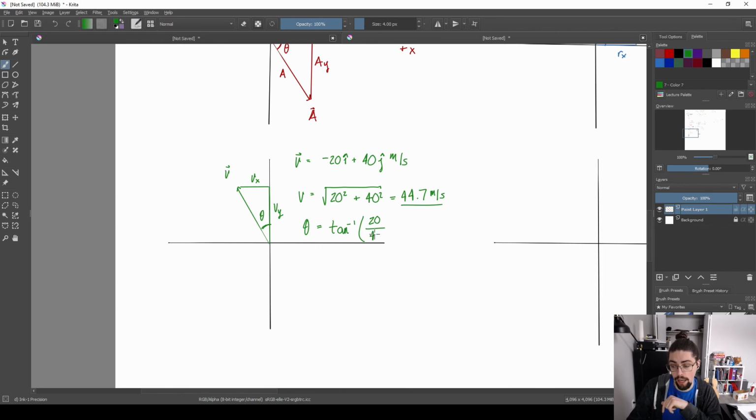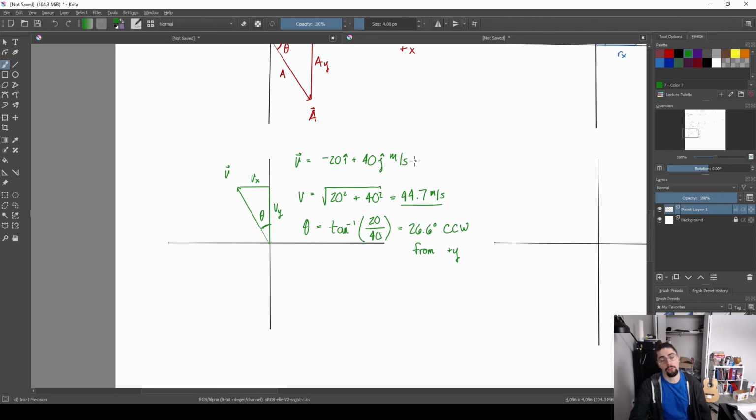Adjacent is v of y. And then again, I take away the agency of the calculator. I make the answer positive because my picture tells me what direction these things are going. When I do that, I come out with an angle of 26.6 degrees. Call it counterclockwise from positive y.